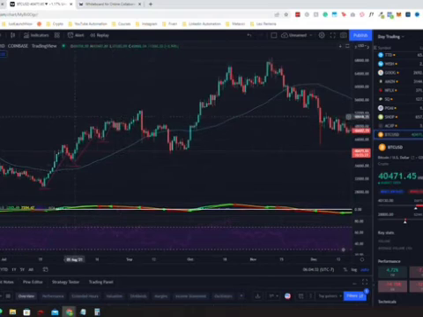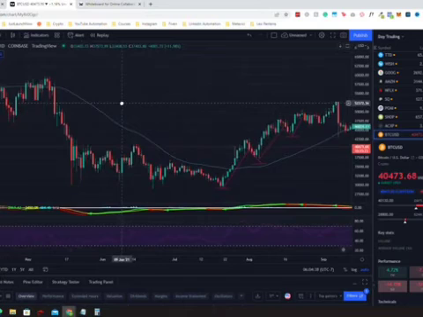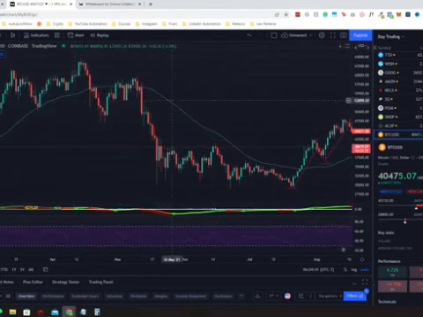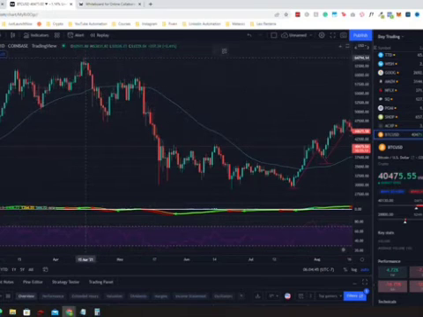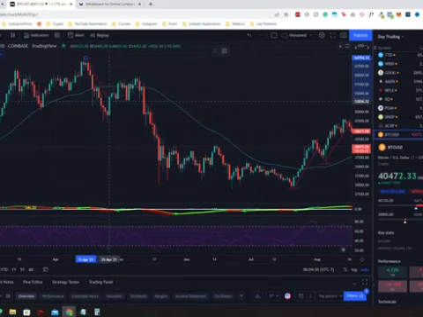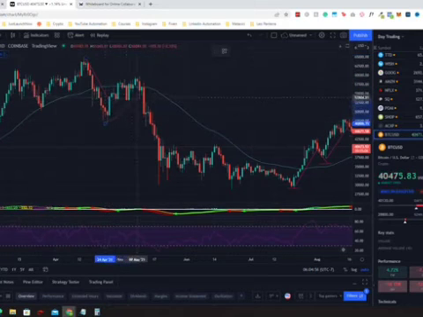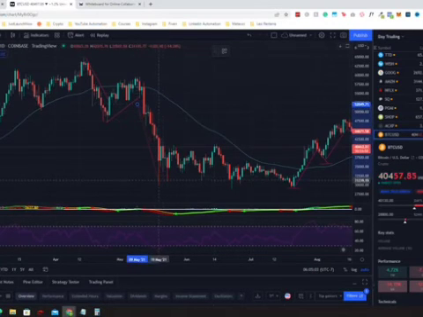But before I go over to the next part, let me explain what a bearish trend looks like. With a bearish trend, you can see it goes from up, goes like that, then it goes up like that, and it goes up like that, down like that.